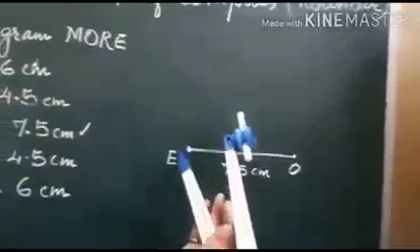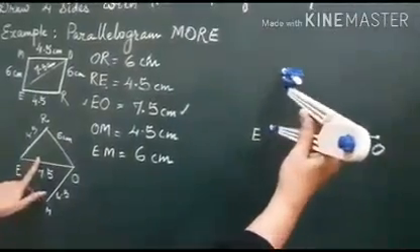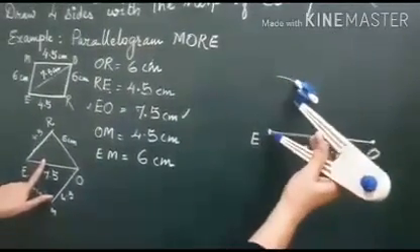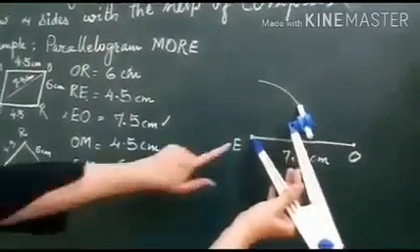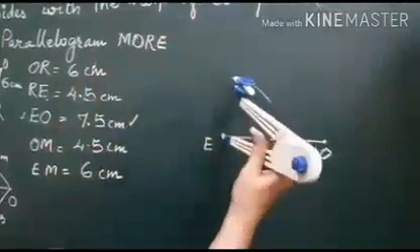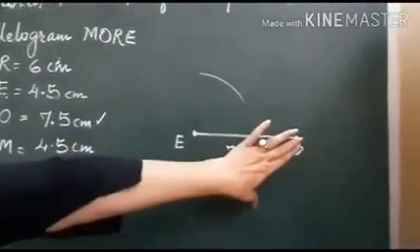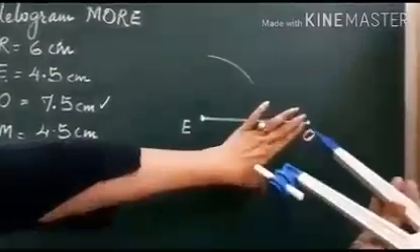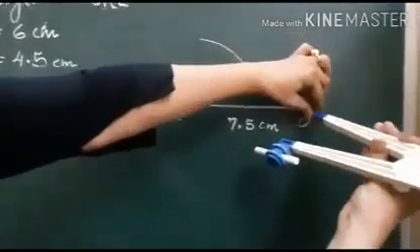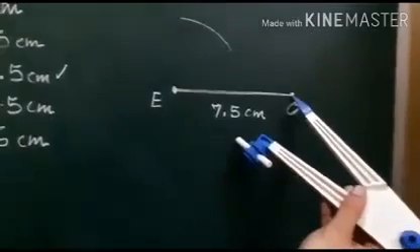From E we will draw, if you can refer to this figure, from E you will draw 4.5 centimeter, an arc, keeping the point at E. This radius is 4.5, draw an arc. Here one 4.5 and its opposite side is 4.5. So you can keep your compass at O and draw one arc from O as well.